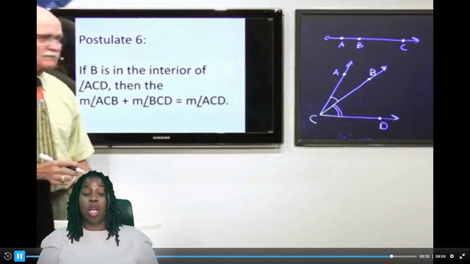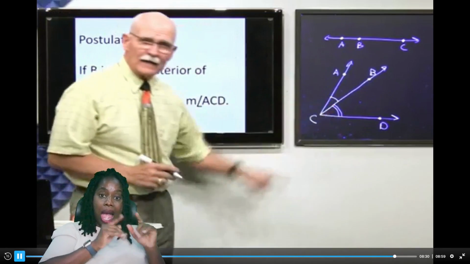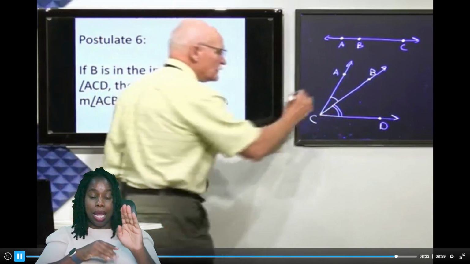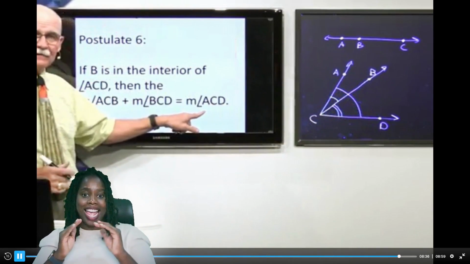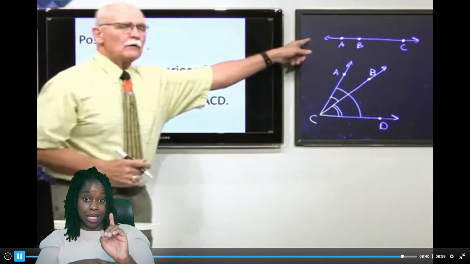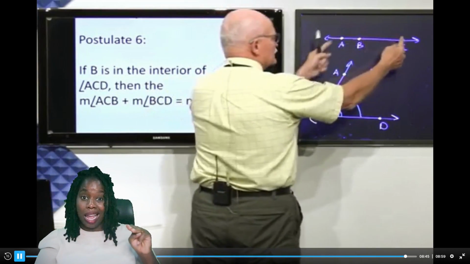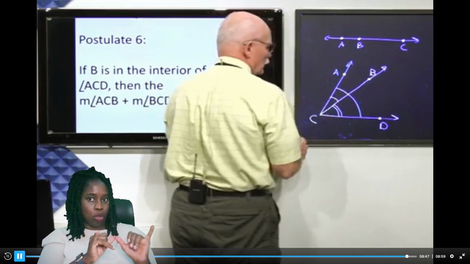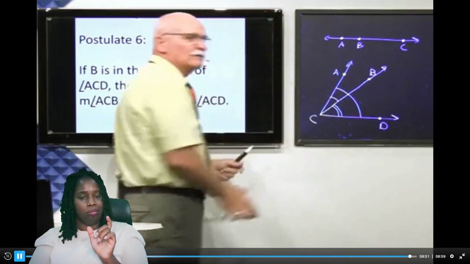It should be obvious, because it's a postulate, that if you add that angle and that angle together, what you get is angle ACD, the measure of angle ACD. So it's very similar to what we did with line segments. This distance plus this distance is this distance. Well, that little angle plus that little angle is equal to that big angle.